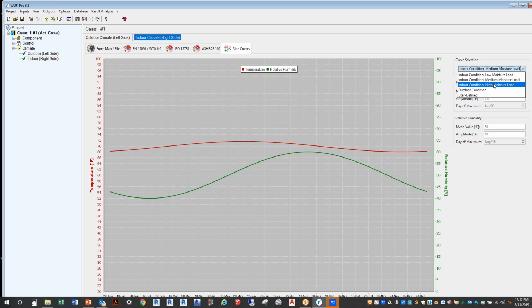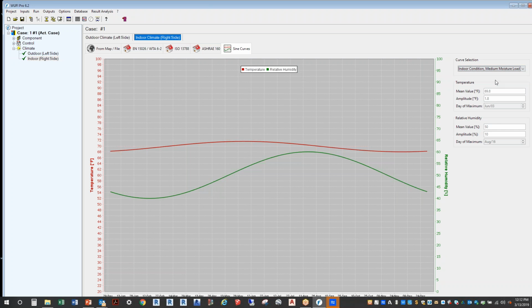So if you're doing a pool, or something like a field house where there are a bunch of showers, possibly, or a commercial kitchen, you would have a lot of moisture content in the air. So when you get to that point, you have to decide.